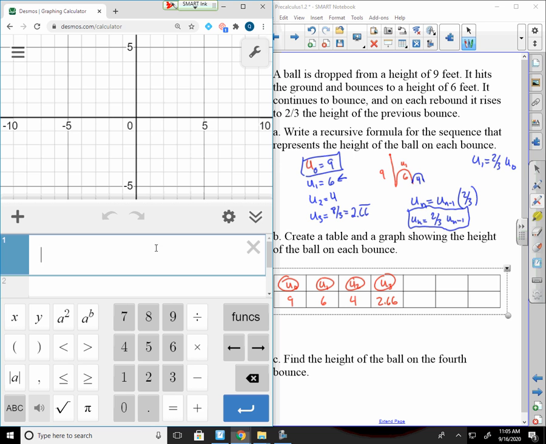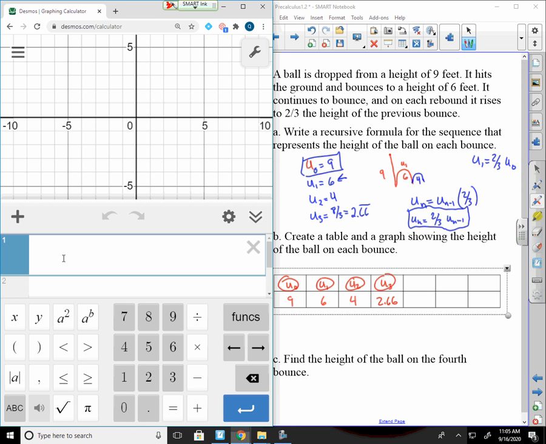By the way, you can do this split screen by just grabbing this top and pulling it over to the side of the screen, and you'll see it split in half. And then you just drag the other one to the other side.